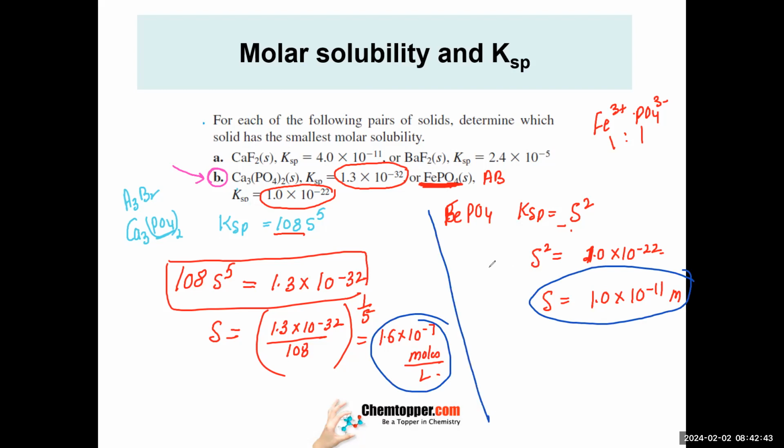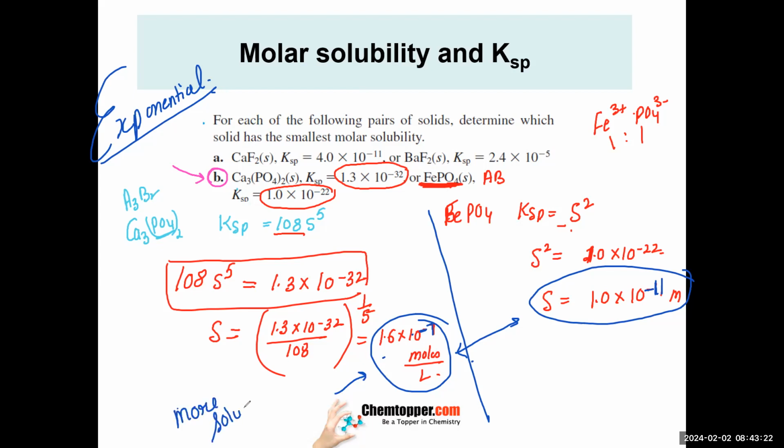Which one is more soluble? This value is high, this value is low. It's minus 11, minus 7. Children, I spent so much time on exponentials in unit 0. So the first one is more soluble.